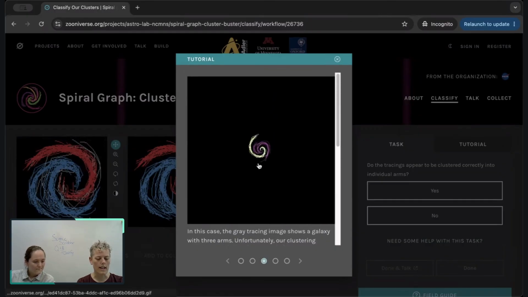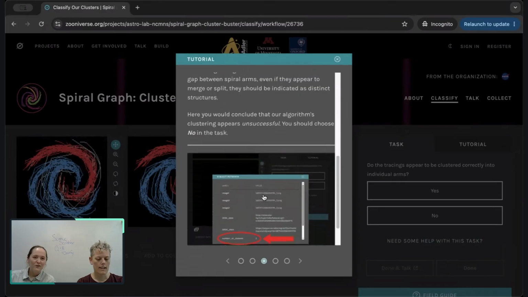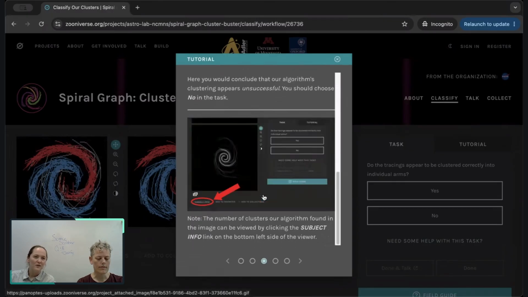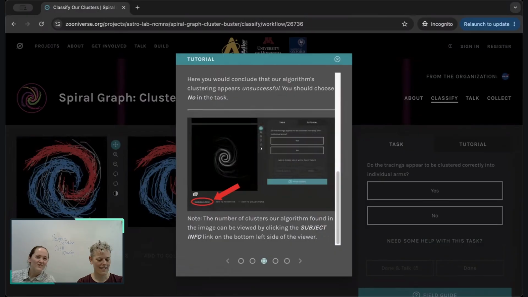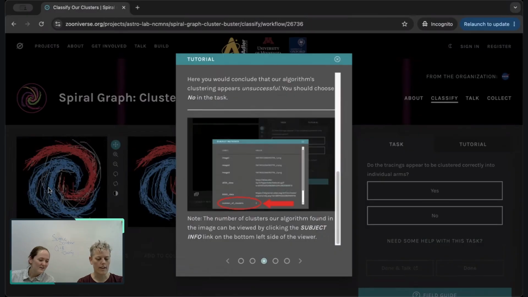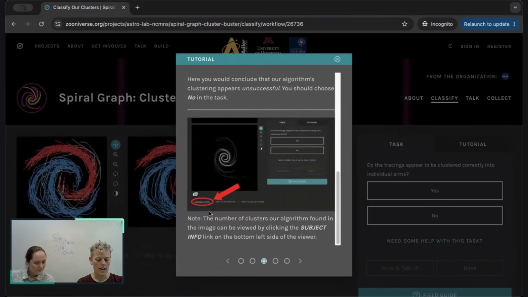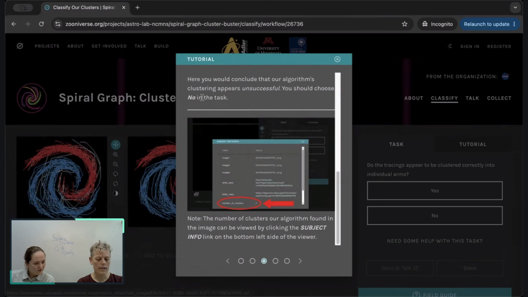So they're essentially saying that these 2 things here are distinct structures. I think we've got a good example of that behind us, in the one we're going to look at first. Can you see the 2 blue lines? Yes, these 2 here. So then it says to say no in the task.